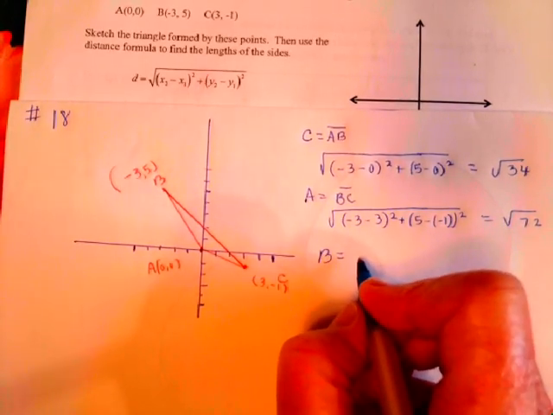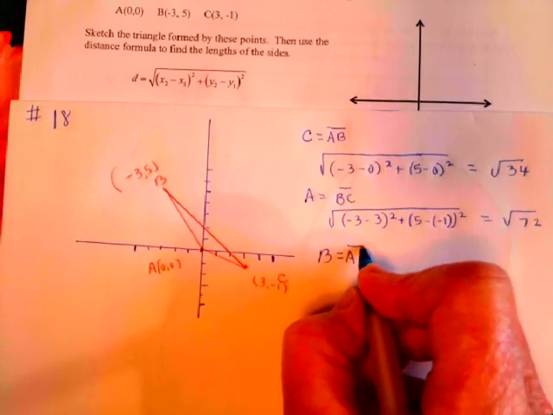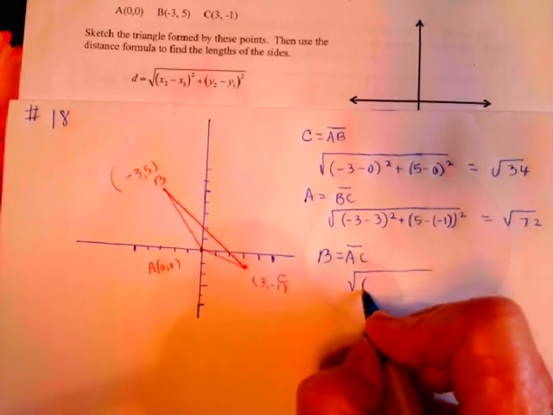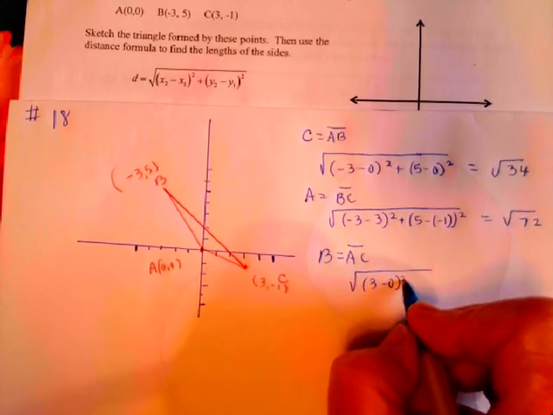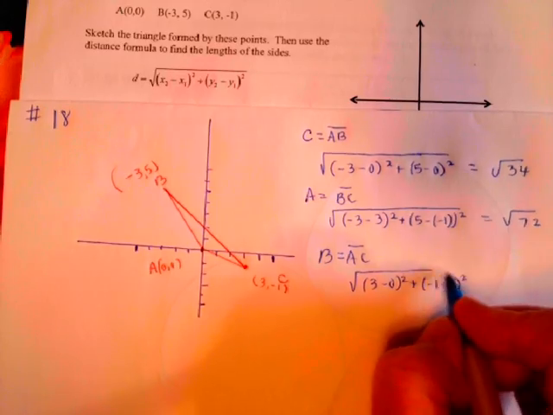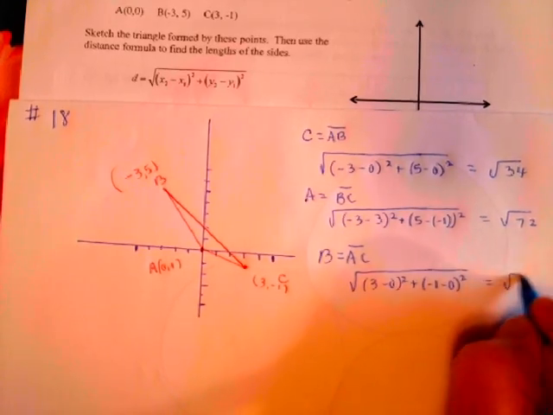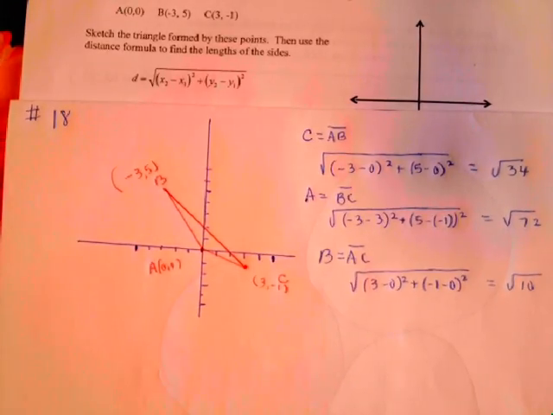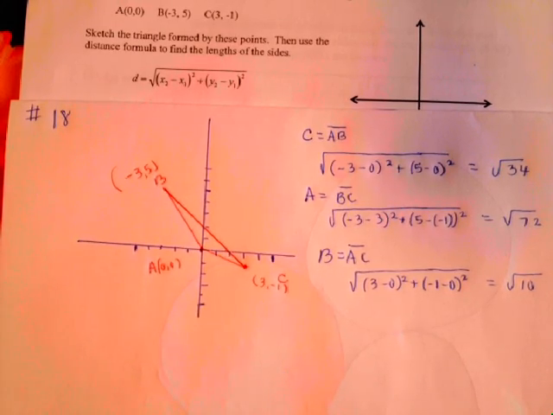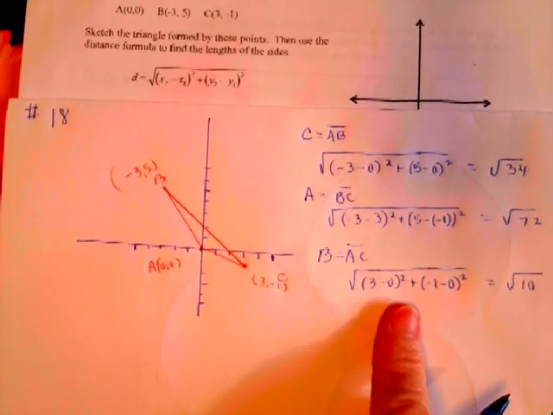Line segment AC is the square root of 3 minus 0 squared plus negative 1 minus 0 squared, square root of 10. I now know the lengths of my sides. I have a side, side, side triangle to solve. Be sure that you're good with all of these.